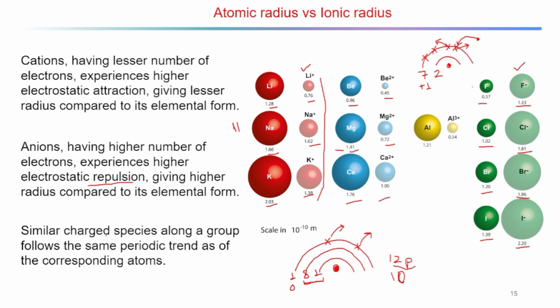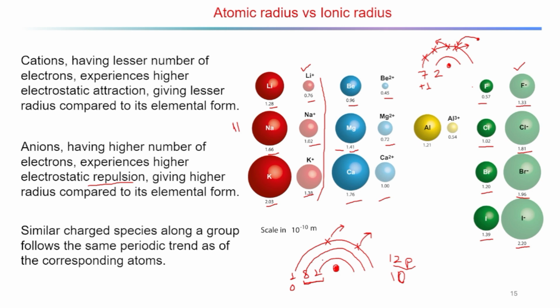So we have understood that in case of cations, because we are removing electrons, either the number of shells is decreasing or the electrostatic interaction is increasing. So both factors are reducing the size of the cations. It may happen that the shell number is decreasing, meaning earlier it was 3 shells.